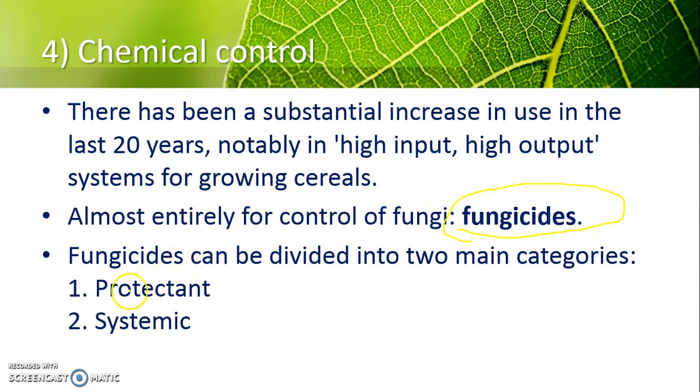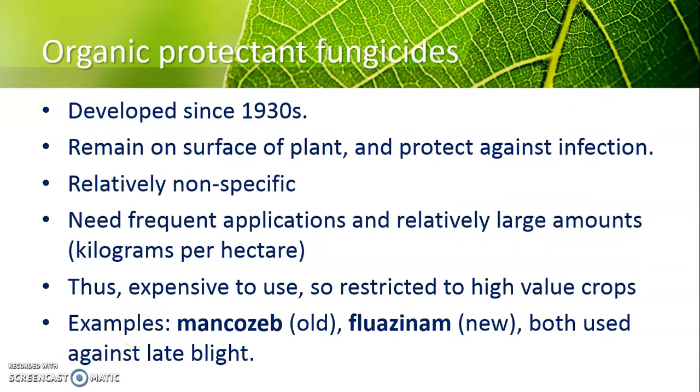Fungicides have two categories, protectant and systemic. Protectant fungicide usually stays on the surface of the plant only. It protects against the infection, and it is non-specific because it is on the surface of the plant only. It needs frequent application, it needs large amounts, and it is very expensive.